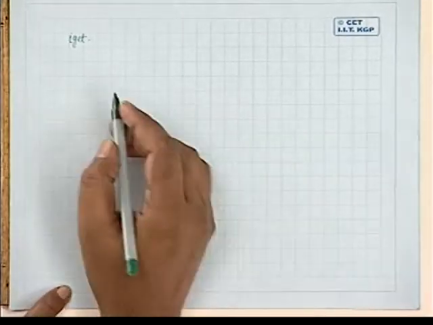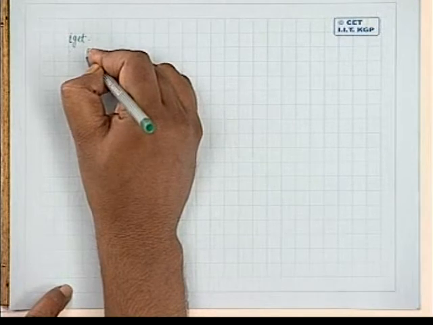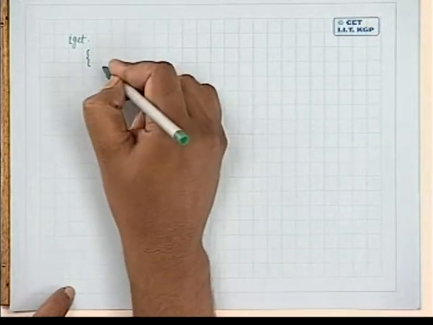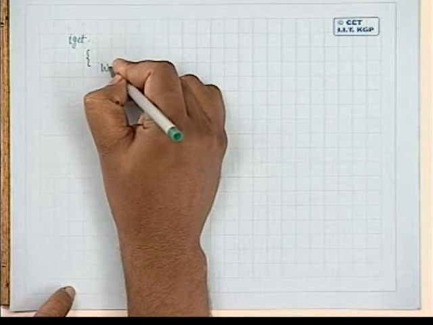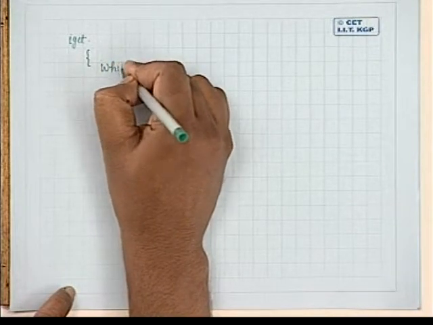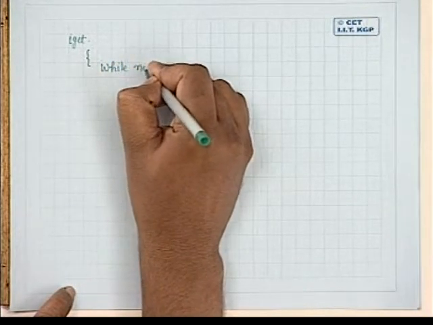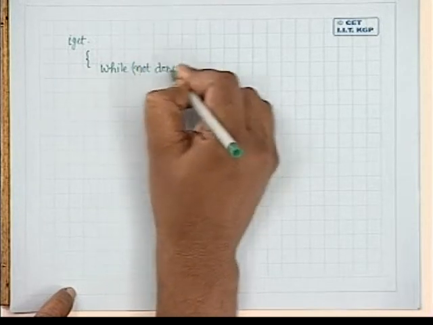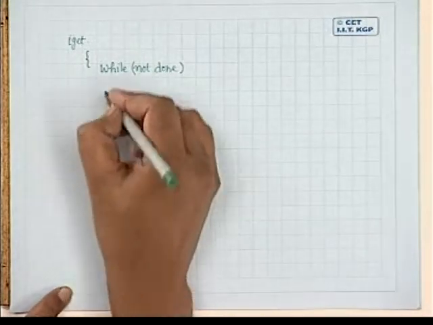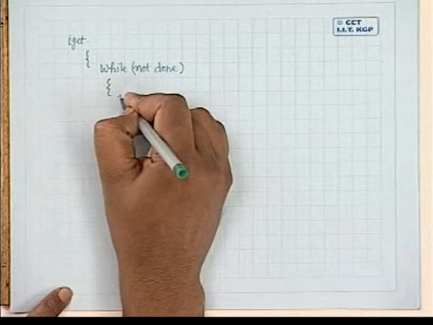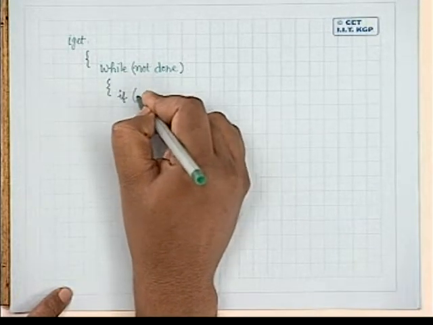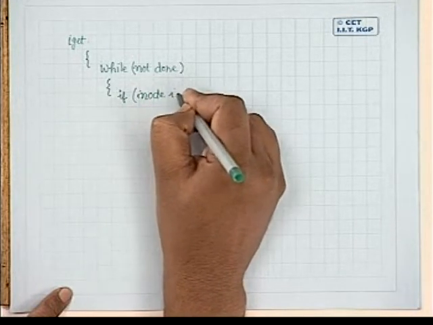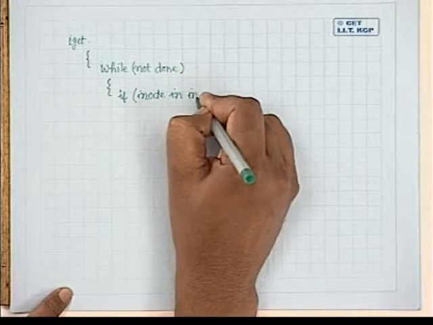So I can write an algorithm in the same manner as the get block algorithm. So I'll write: while not done, if inode in inode cache.